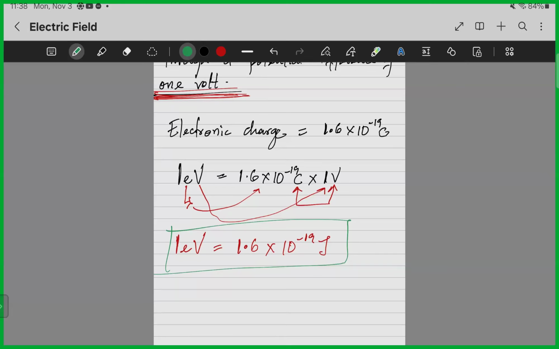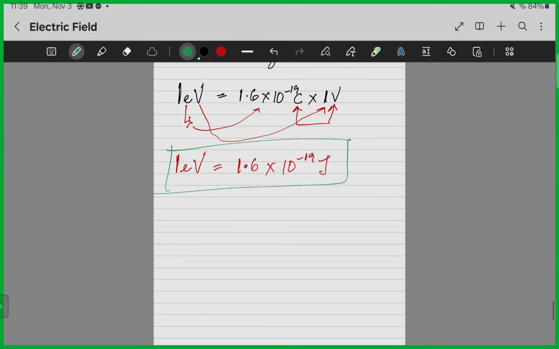And so now the last thing we'll do is relate kinetic energy to the centripetal force. I want to relate the movement of an electron, a spinning electron.